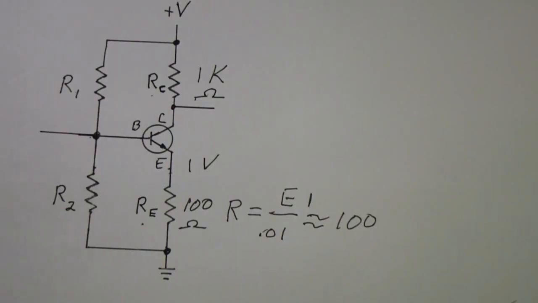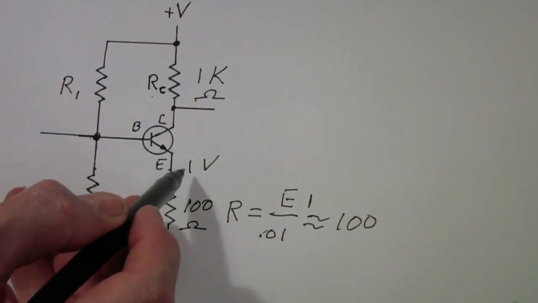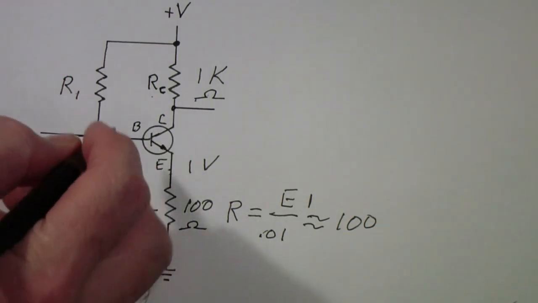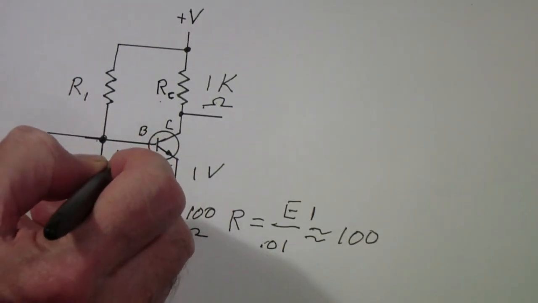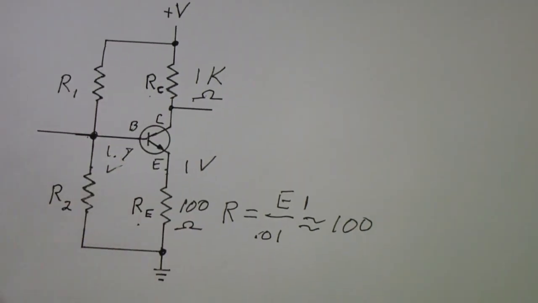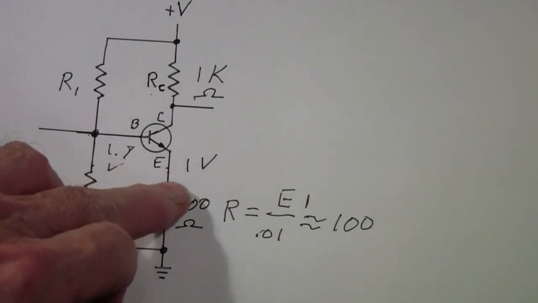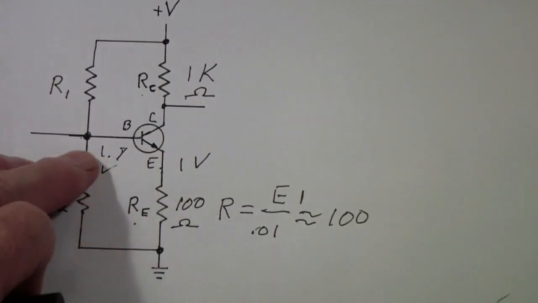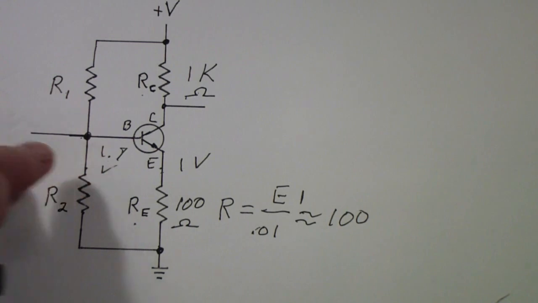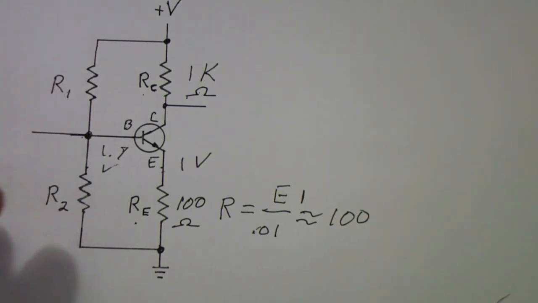So we've determined that the voltage from base to emitter is 0.7 volts. Well, the emitter is already 1 volt. That means the base is going to be about 1.7 volts. In other words, we just add those two up. Now, with 1 volt here and 1.7 volts there, we're now going to try to decide how to choose the values of R1 and R2.